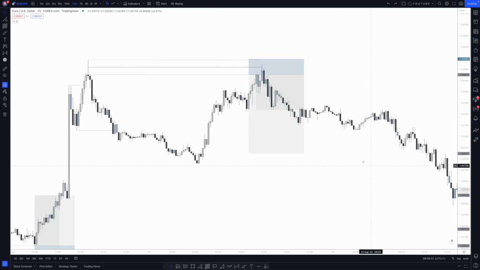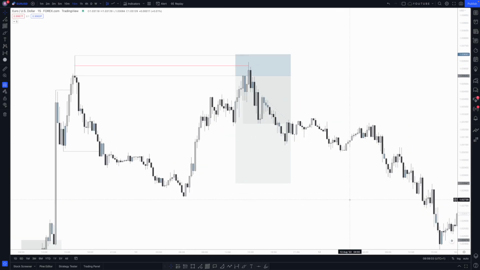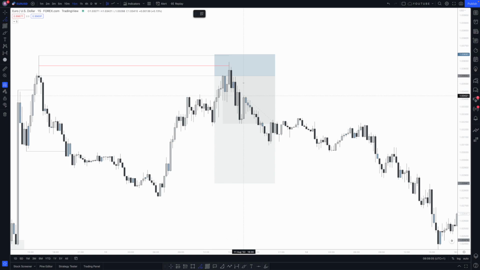You could also get involved in this trade on a confirmation entry. As you can see, we take these highs. We take this high right here, we take this low, and what you'll see is that we've come down and we've got a reaction to this demand. This reaction right here, you could enter on. So you would take your jam box, or whatever you use to set your entries.